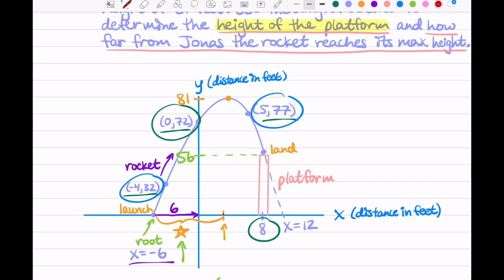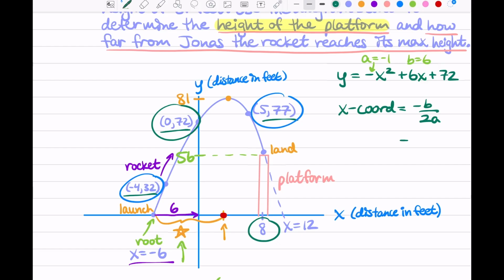As we mentioned before, our point here is the x-coordinate of the vertex. And we have a formula for finding the x-coordinate of a vertex. Our x-coordinate is negative b over 2a. And what was our quadratic equation again? We had y equals negative x squared plus 6x plus 72. So our a, our coefficient there, is negative 1, and our b is 6. So plugging that in, we get negative 6 over 2 times negative 1.